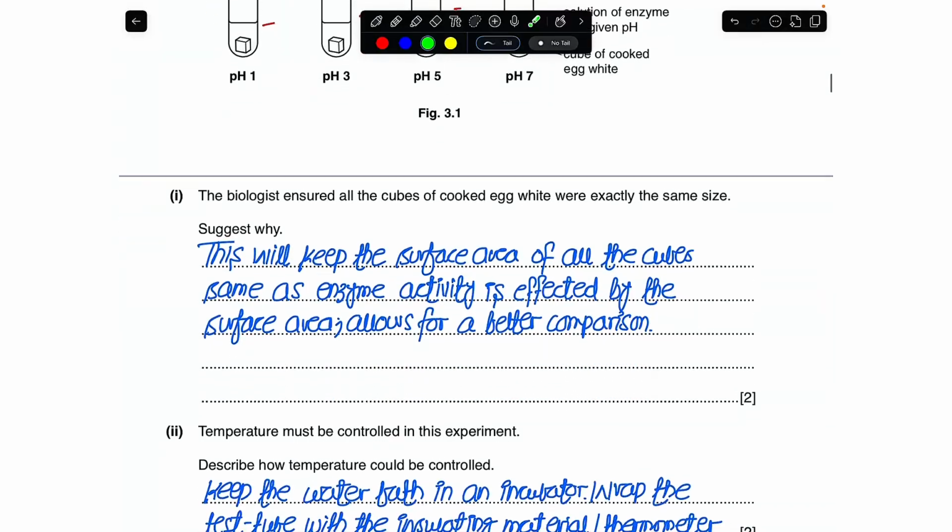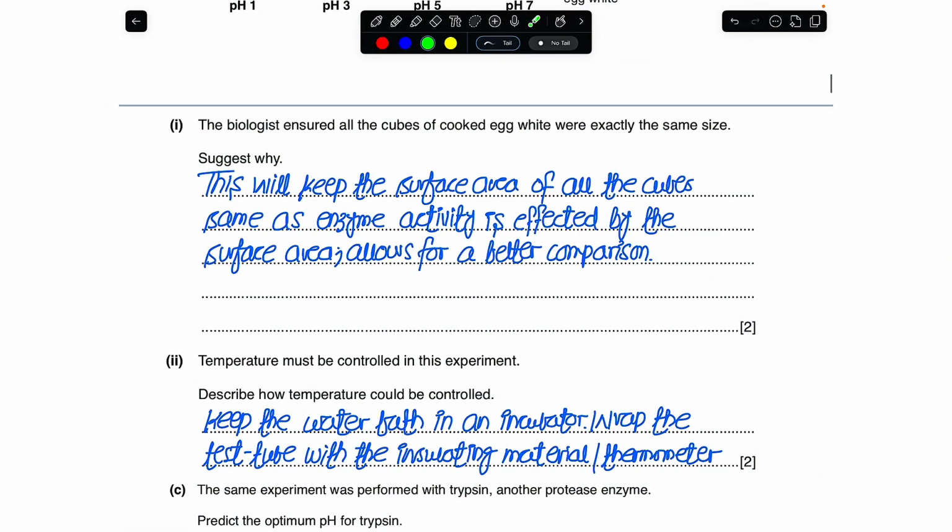Now, for 2 marks, they tell us that the biologists ensured that all the cubes of cooked egg white were exactly the same size, and they want your suggestion why that was so.